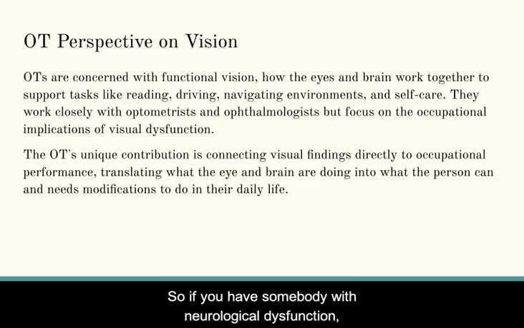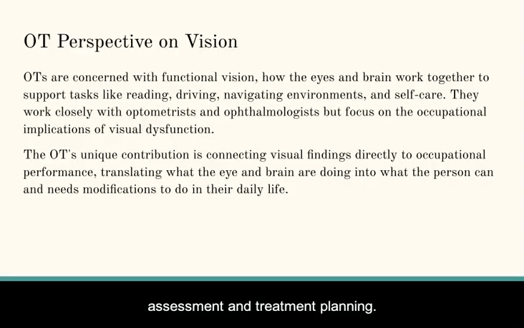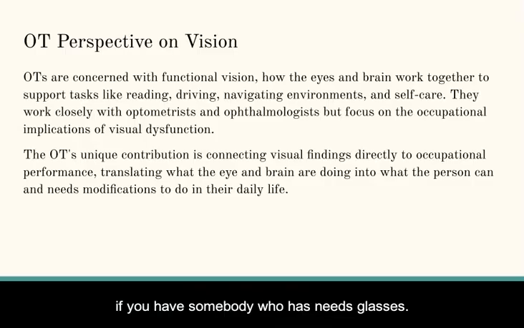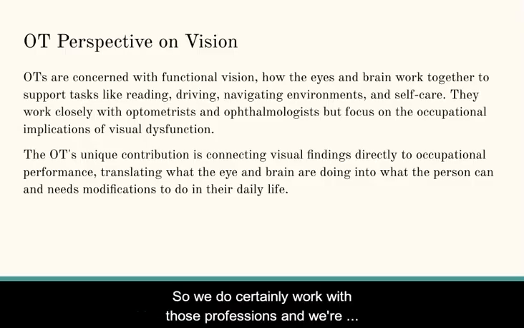If you have somebody with visual impairments related to a neurological condition, you might work with a neuro-optometrist for assessment and treatment planning. You might work with an optometrist or ophthalmologist if you have somebody who needs glasses. So we do certainly work with those professions.